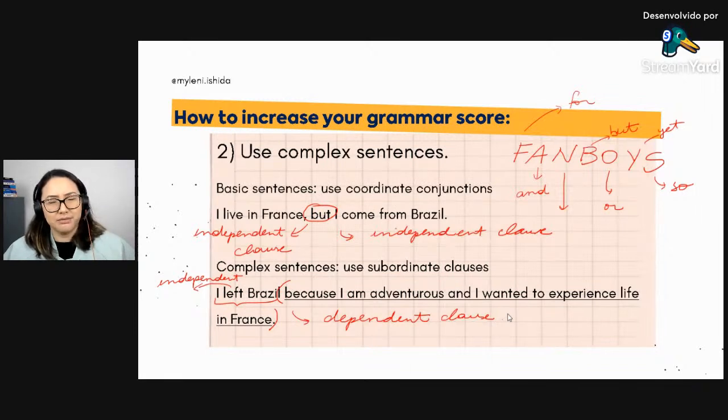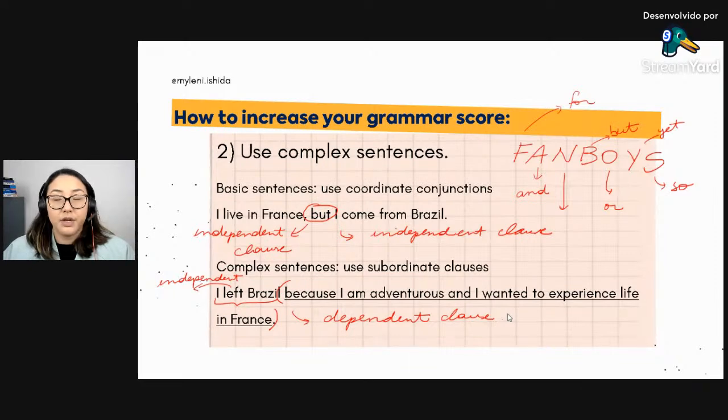What are you saying? If I start a sentence with the word because and I don't say anything else before, it doesn't make sense. So the clause because I am adventurous and I wanted to experience life in France is dependent. I need something else to explain what I want to say.